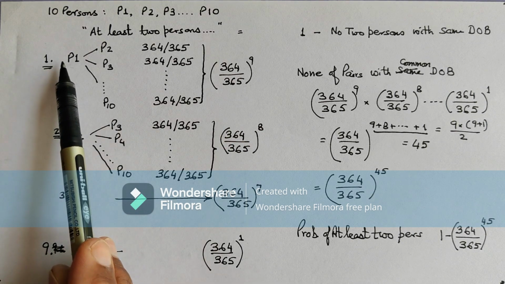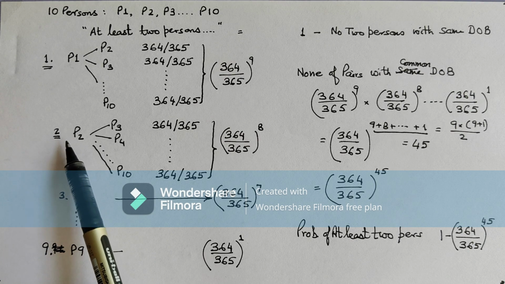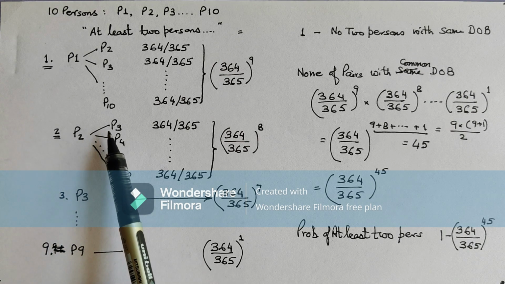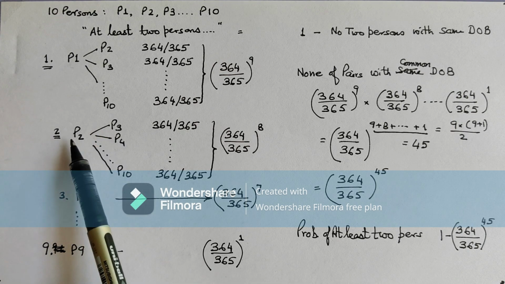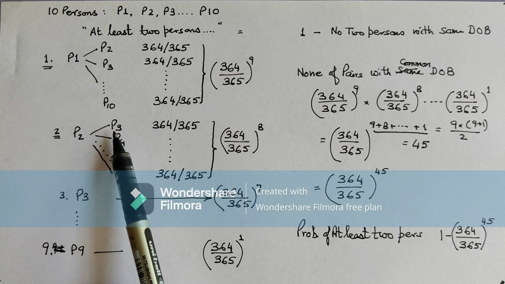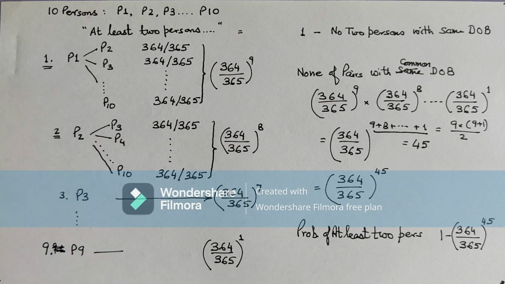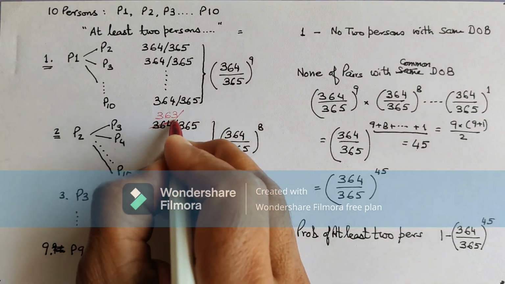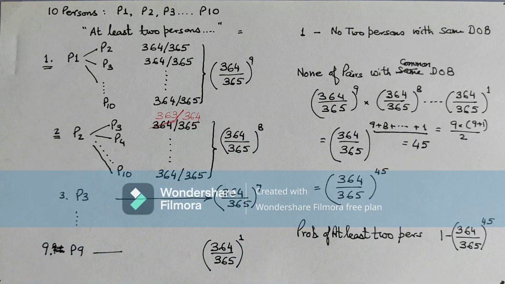One day is already taken by P1. One more day has been taken by P2. P3, if he has a compulsion of not matching his date of birth with P2, and we already know it did not match with P1, has 363 days to choose from. So this probability, instead of 364 by 365, is 363 by 364.